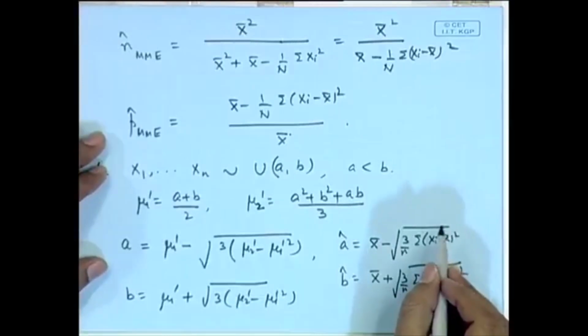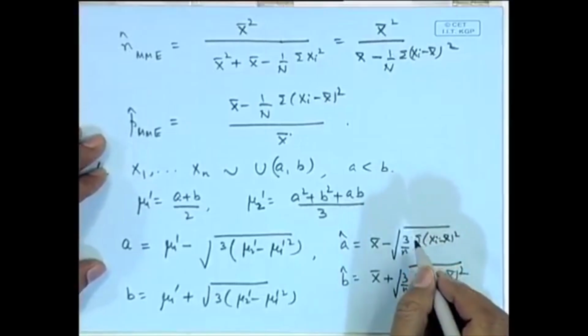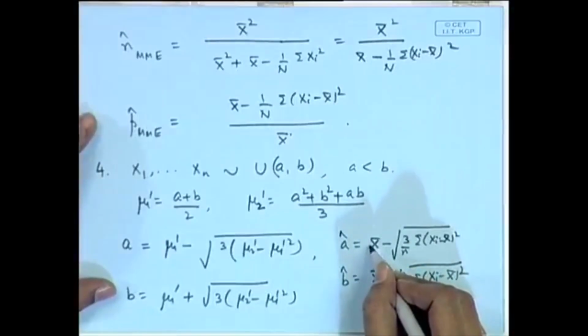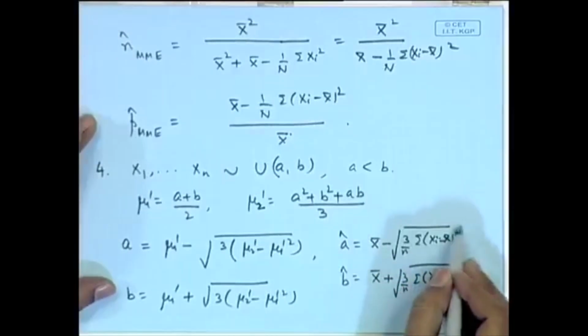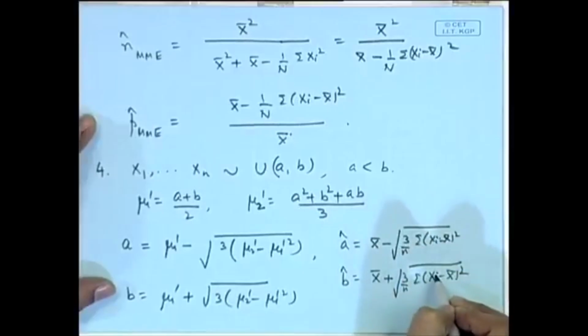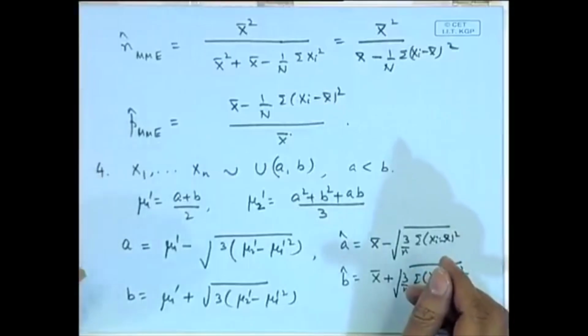So, in fact, you can see that many times the form of the method of moments estimators may not be very convenient to handle. Again, if I ask here to check the unbiasedness, the expectation of x bar may be a plus b by 2, but the calculation of the expectation of this quantity is not that simple, and therefore, in general the method of moments estimator does not seem to give very nice looking estimates.